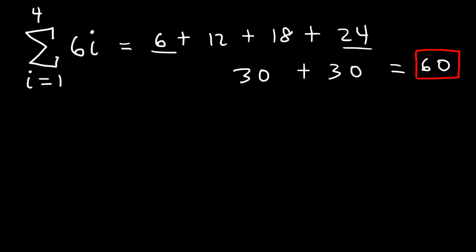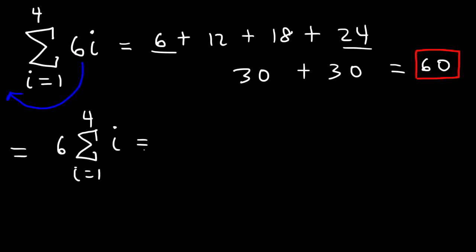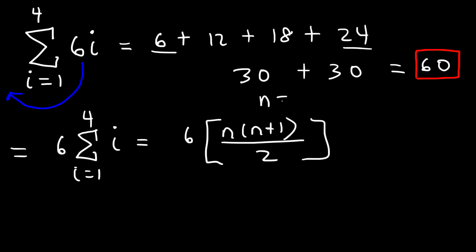Now let's use the formula to confirm the answer. What I'm going to do is take the constant and move it to the front. So what I have is 6 times the sum of i equals 1 to 4 for the variable i. So it's going to be 6 times n times n plus 1, divided by 2, where n is the top number 4.